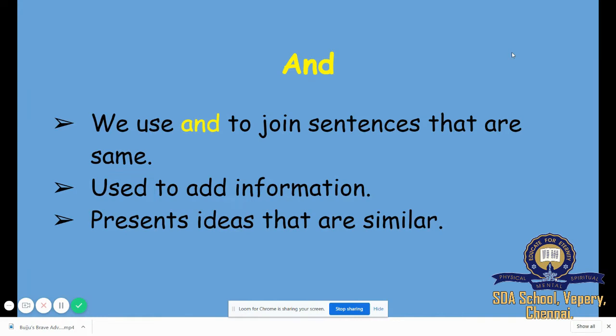It is used to add information. It presents ideas that are similar. So, for what all do we use and? To join two sentences, yes. Next, while using and, it gives extra information, yes, and it presents ideas that are similar.